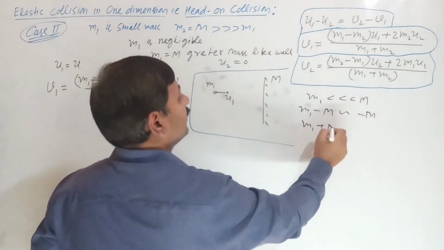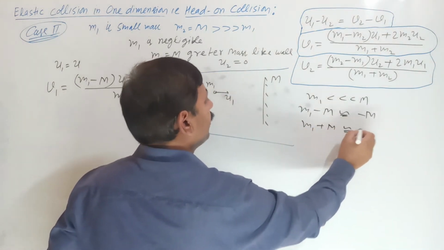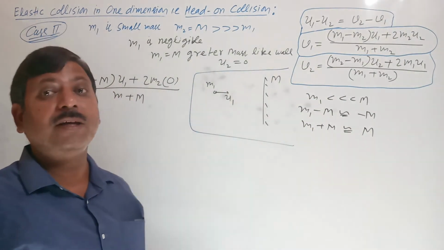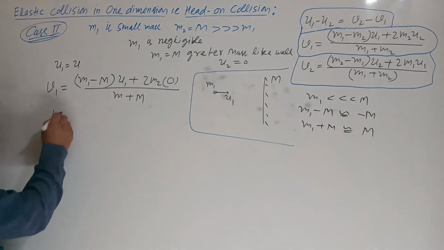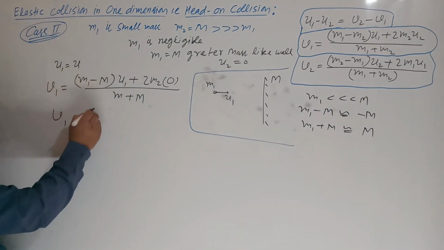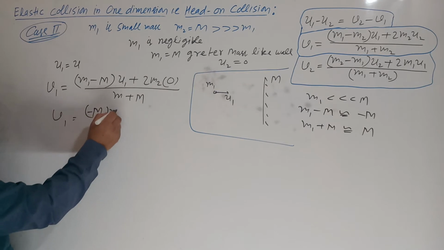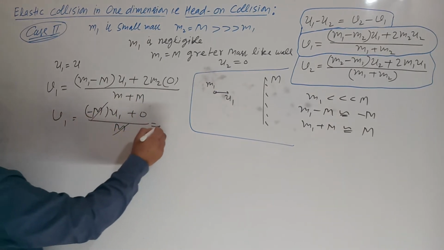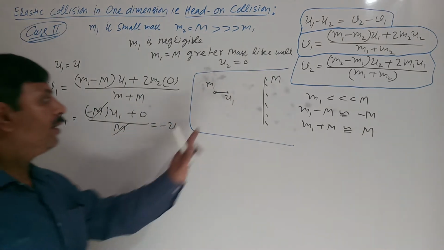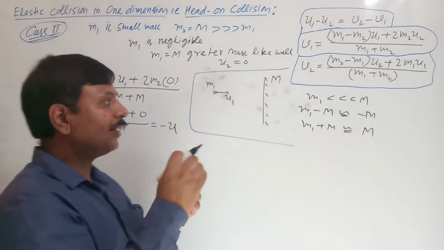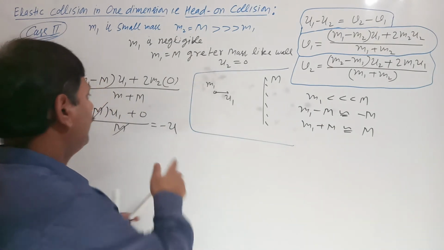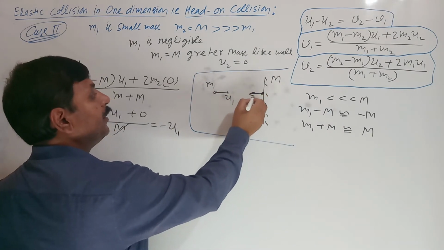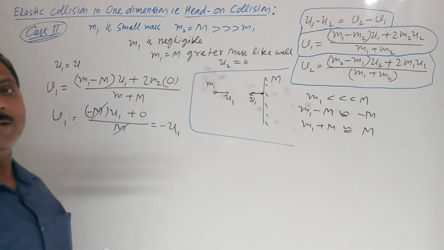In the same way, m1 plus M is nearly equal to capital M, because m1 is negligible in comparison to M. So if we see here, m1 minus M you can write as minus M, times u1, plus 0, upon M. M, M cancel out, this is minus u. It means that the ball will rebound. The final velocity is minus u, meaning it will rebound with the same speed.